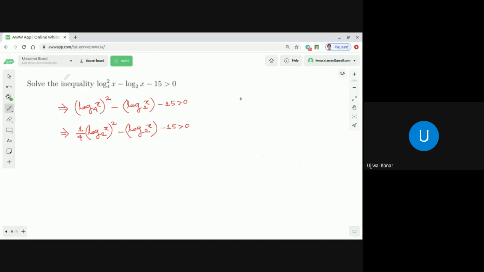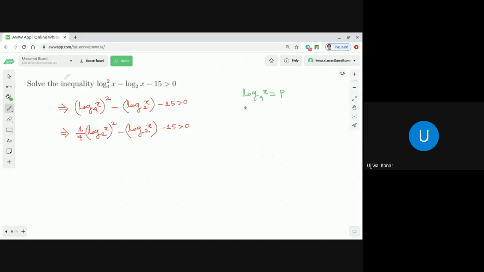So you assume that log of x base 4 is equal to some number, suppose p. Our target is to express the same p in terms of log of x base 2.